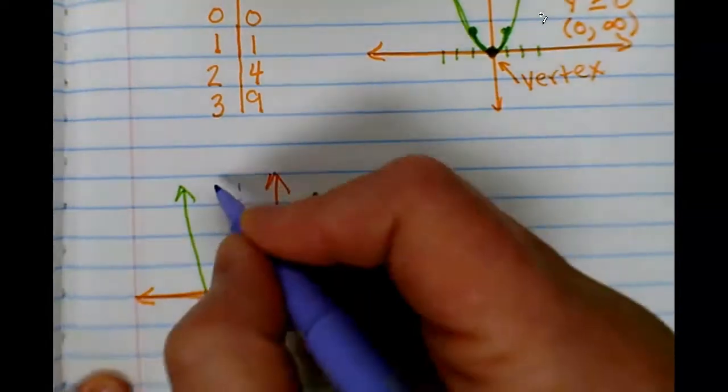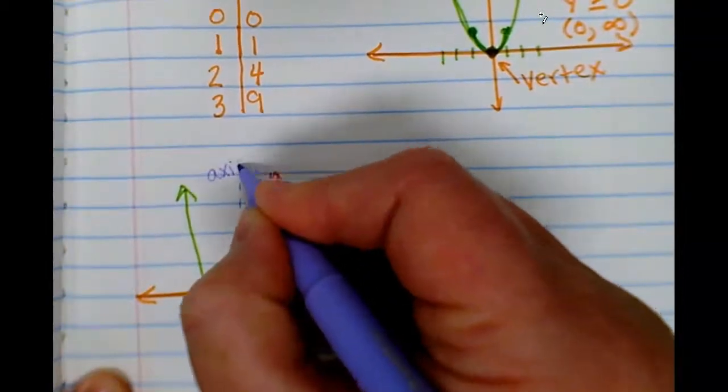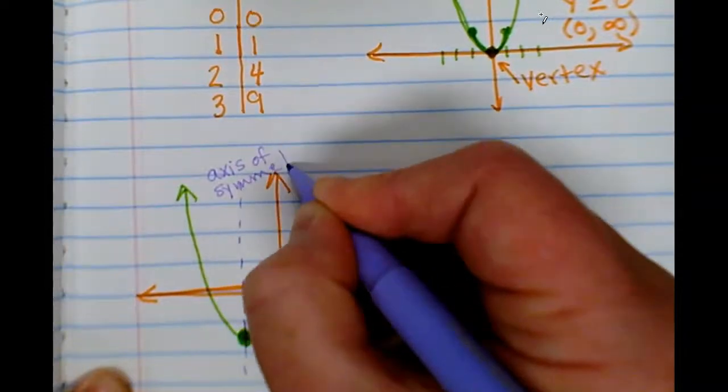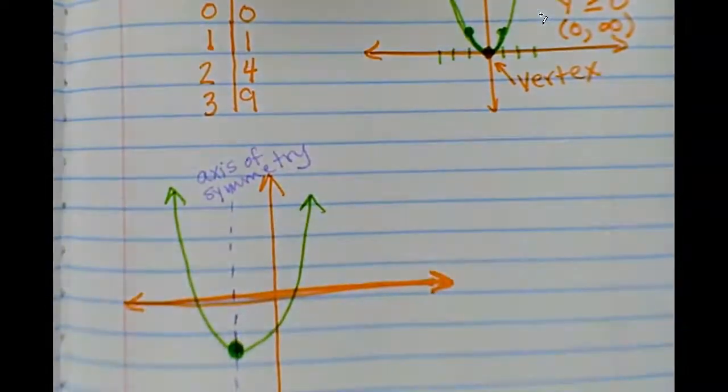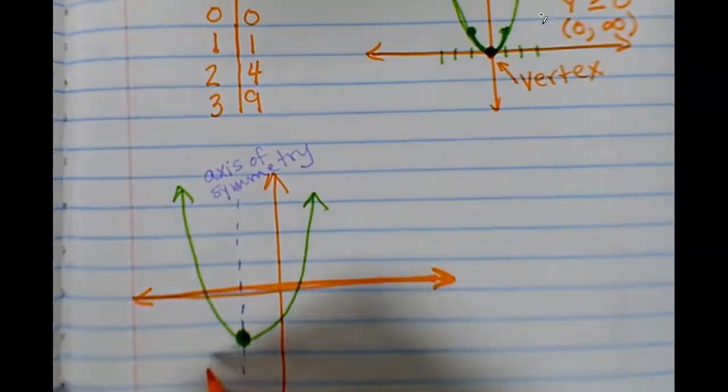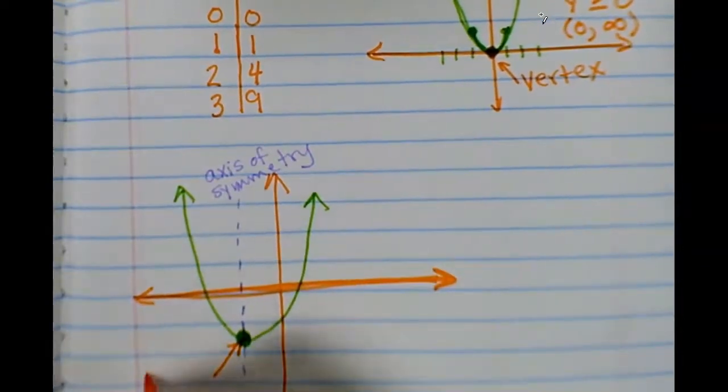And this line that goes down the middle is called an axis of symmetry. The axis of symmetry goes down the middle and divides the parabola into 2 halves, and the 2 halves should match. They would match better if my drawing was better. This point is called the vertex point.